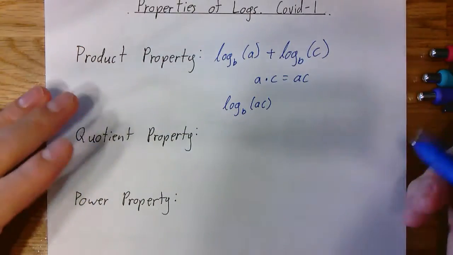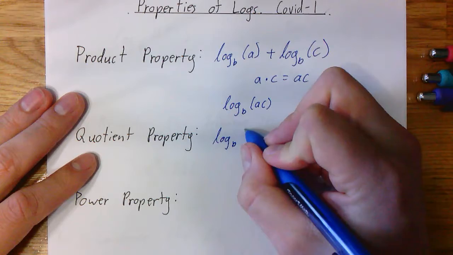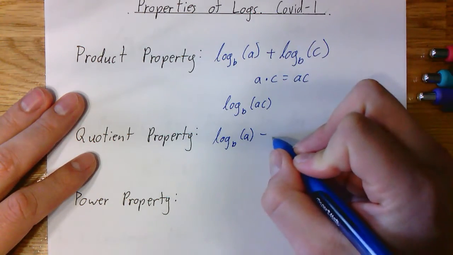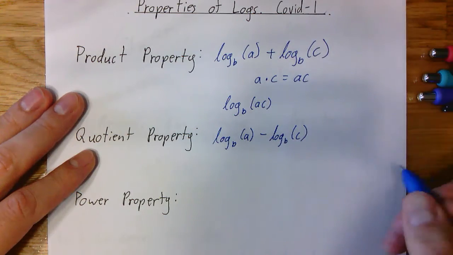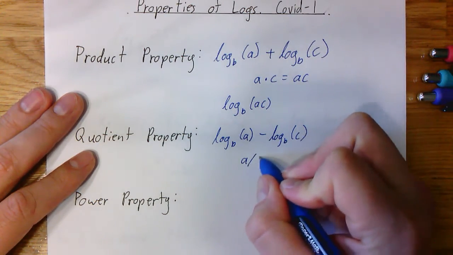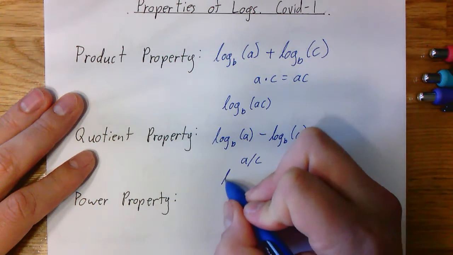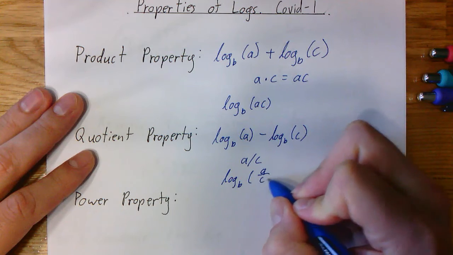We just invert all the signs. So if we have something like log base B of A minus log base B of C, then this becomes A divided by C. So this is log base B of A over C.